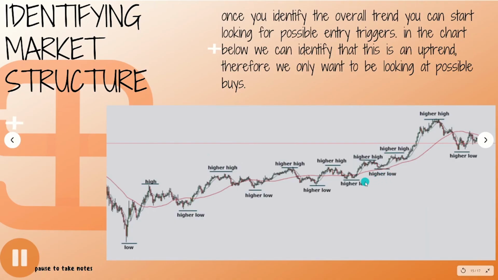You guys should get the point. It continually makes higher lows and higher highs, which indicates to us that we are in an uptrend. It's very important to know these because in our strategy we trade a lot of the higher lows or the lower highs, which would be the opposite of higher lows.